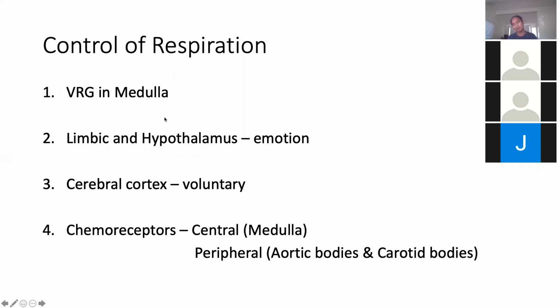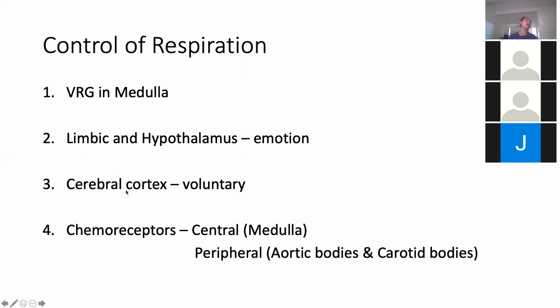Hypothalamus, we saw that already. It is part of the limbic part of the brain. And limbic and hypothalamus, of course, relate to emotion. If we are stressed, our respiration rate will change. So emotion, anxiety, stress will change our respiratory rate through the limbic system and hypothalamus.